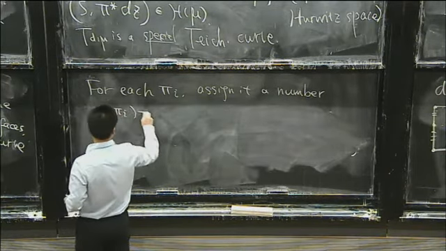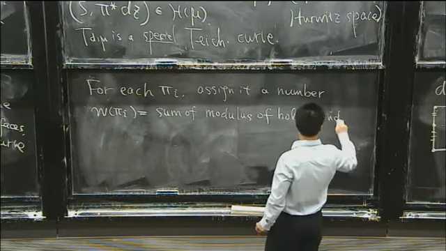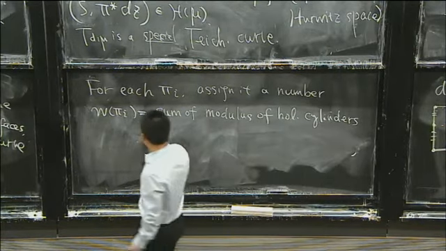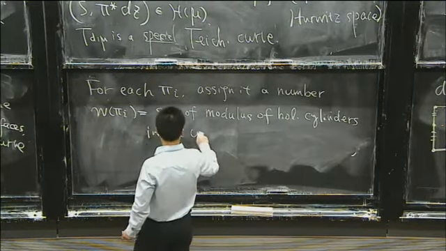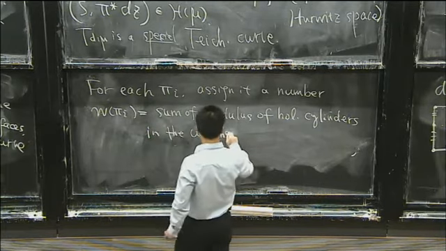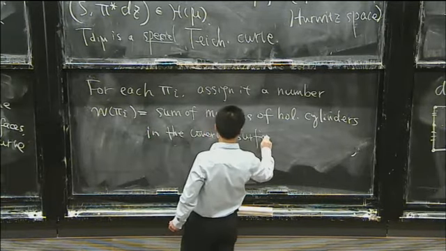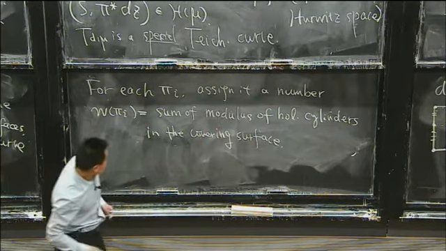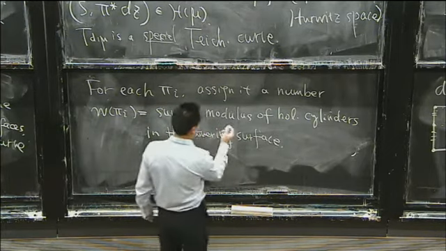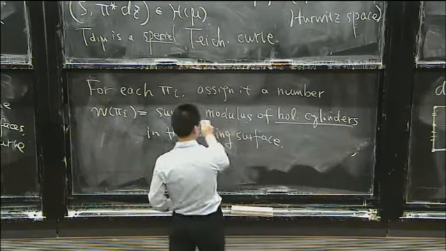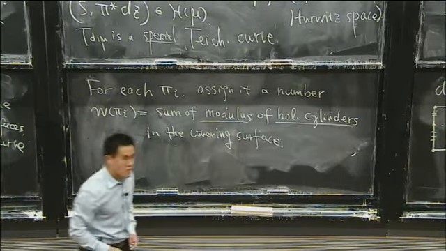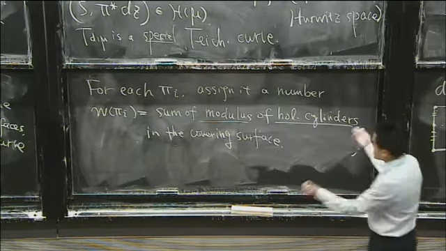It equals the sum of the moduli of horizontal cylinders in the covering surface corresponding to pi i. Okay, so there are several terms I have to explain. What do I mean by a horizontal cylinder? And then what is the modulus of a cylinder? Once I define these two, you can just take a sum of them.